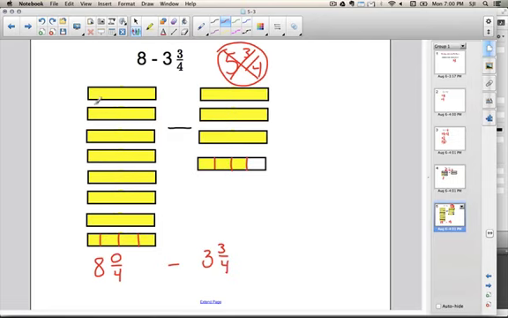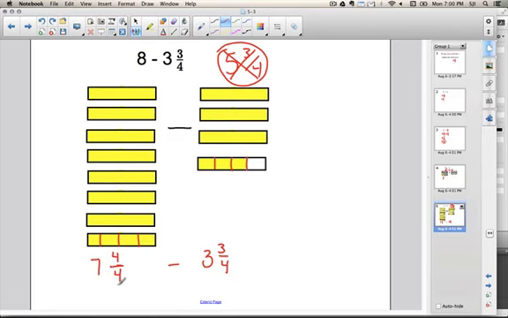So that means I have 1, 2, 3, 4, 5, 6, 7 whole pieces now. I have 7 whole pieces, and I have 4 pieces that are cut into fourths, right?